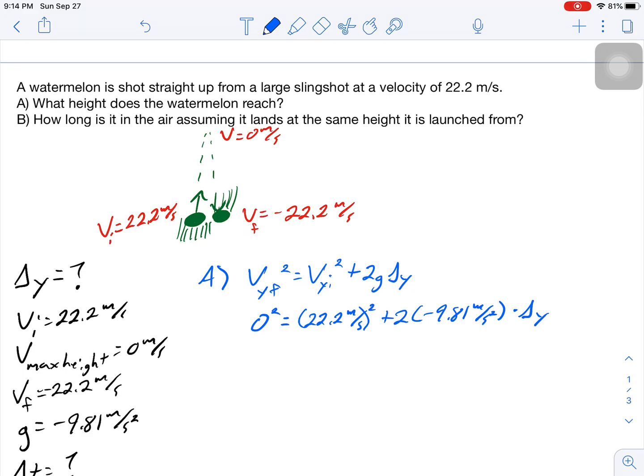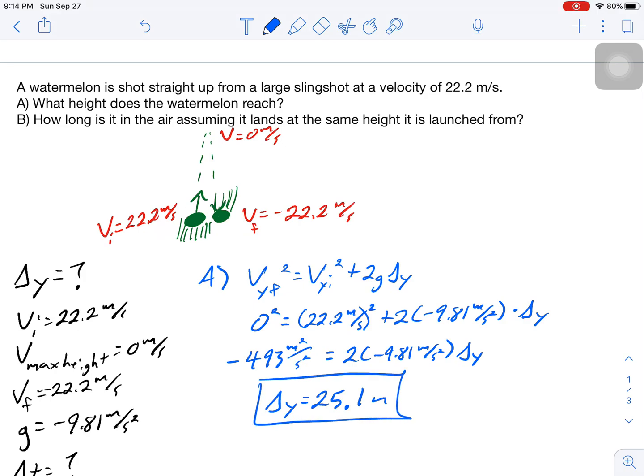So this will work out to being negative approximately 493 meters squared per second squared, and that's going to equal 2 times negative 9.81 meters per second squared times delta y. Divide that over, and that gets rid of our negative. So our max height will be approximately 25.1 meters.